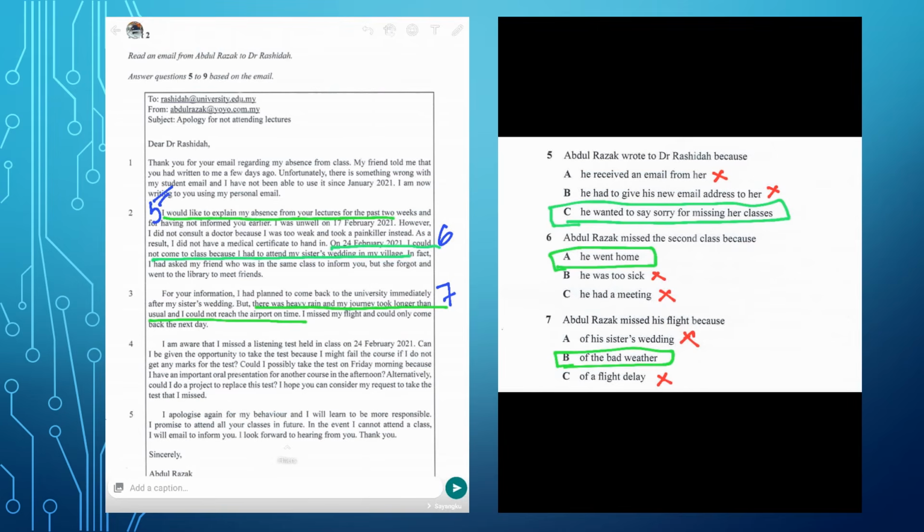When you go back to the question, you cannot find any answers on heavy rain, but "of the bad weather" will be the best answer. Because A, of his sister's wedding, no, that was not the reason why he missed the flight. And C, of a flight delay. Flight delay was not even mentioned in the passage. So the answer will be B.